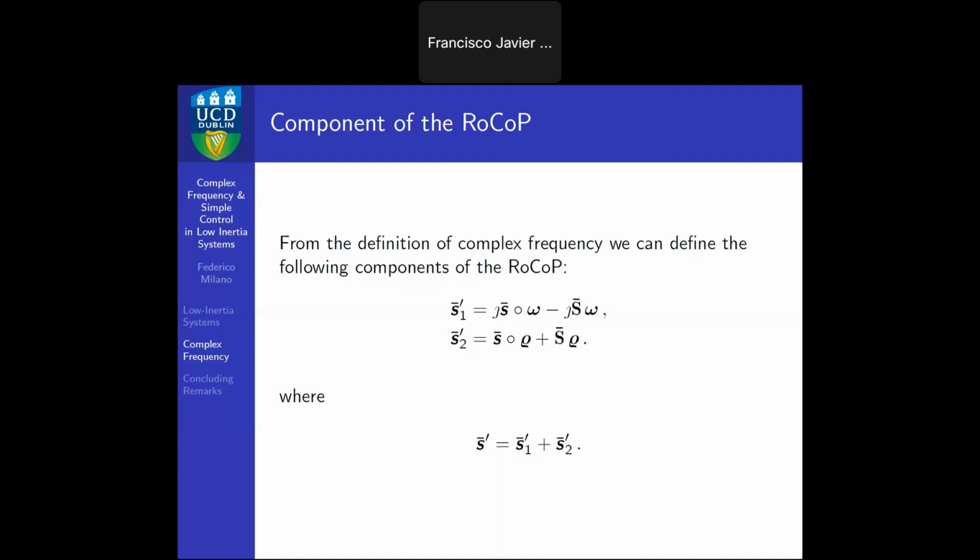Which operator? Ah, the dot is the element by element product, because they are vectors, for every bus. So this is like MATLAB dot asterisk. Sorry, I didn't say: the bold face lowercase are vectors, the bold face uppercase are matrices, and the bar is when it's a complex quantity.